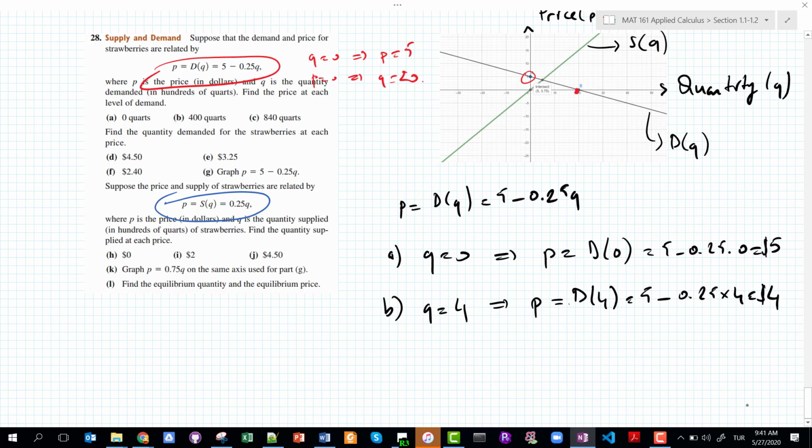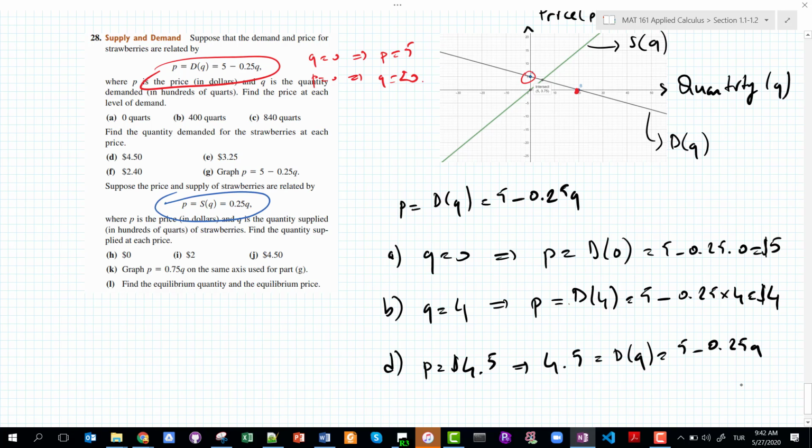But on the other hand, if I would like to figure out how many strawberries would be in the market if the price is this, this time I'm figuring out what Q is going to be. D of Q is equal to 5 minus 0.25Q.